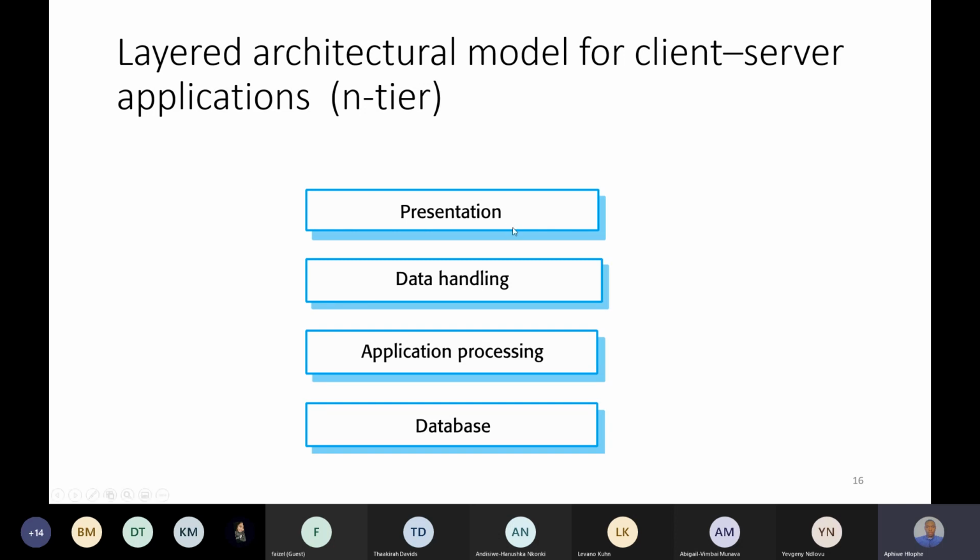Typically we had presentation, application, and databases in our 3-tier architecture. But with N-tier, they add an additional data handling layer to ensure that we do not end up with dirty data. We need to validate at different levels.